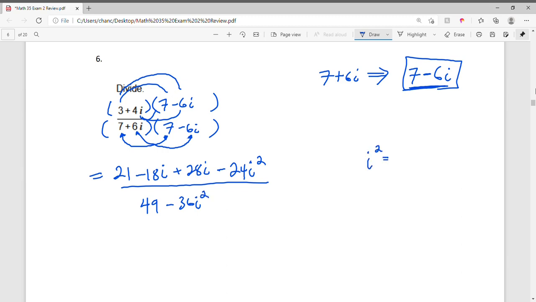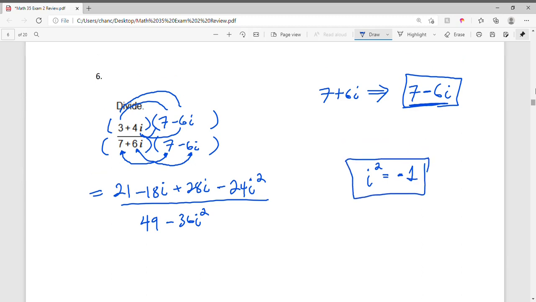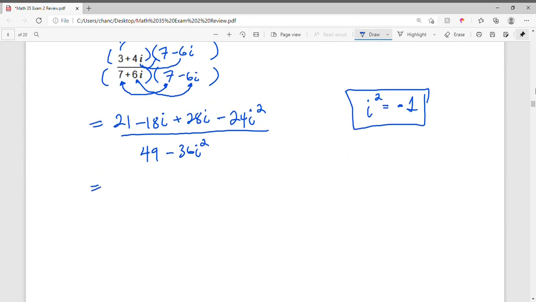Don't forget, i squared is equal to negative 1. That's something we cannot forget, and we can use that to simplify this. This simplifies the top as 21 minus, well, we have negative 18i plus 28i. That's actually a plus 10i on the top, not a minus, a plus 10i.